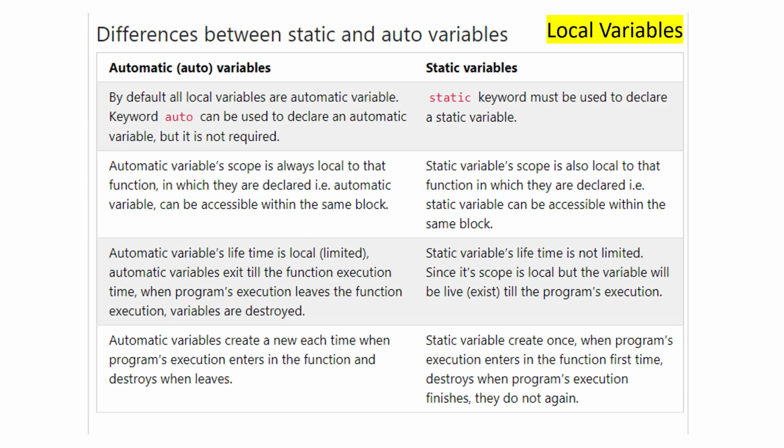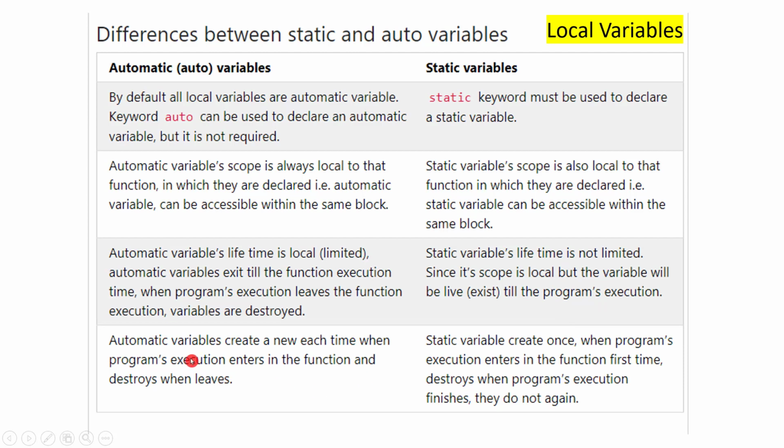When the program's execution leaves the function, variables are destroyed. That means once the program jumps out of the local function, the value is lost. In the case of static variable, the value keeps on adding or changing till the end of the program, which we have seen before.